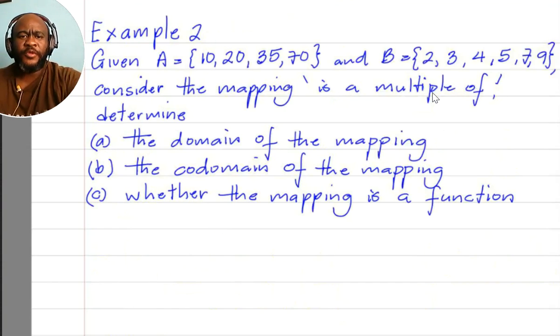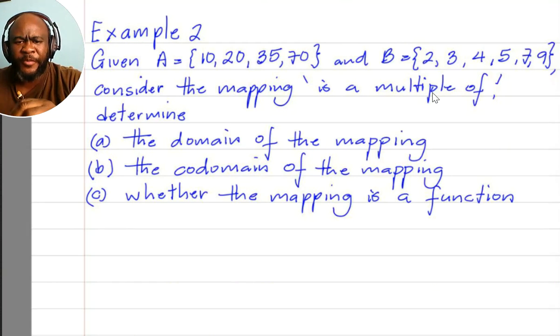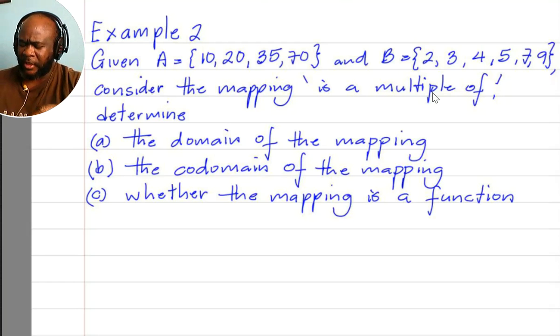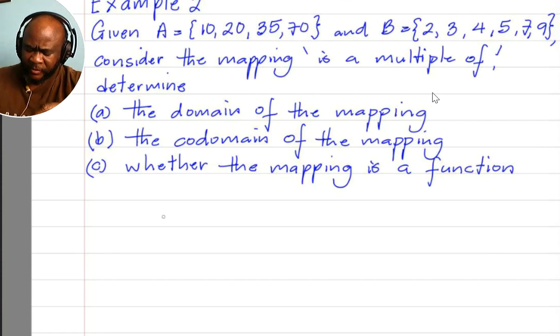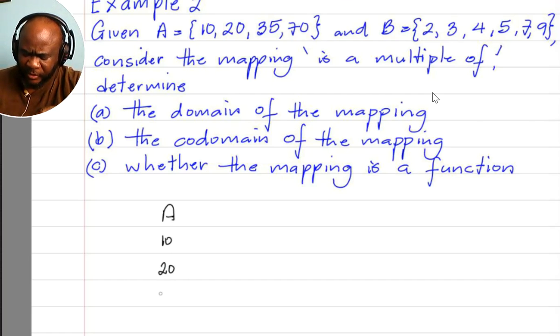Example 2. Given set A and set B, consider the mapping "is a multiple of," and we're to determine the domain and the codomain of the mapping. I'm going to put A over here, and we have 10, 20, 35, and 70.